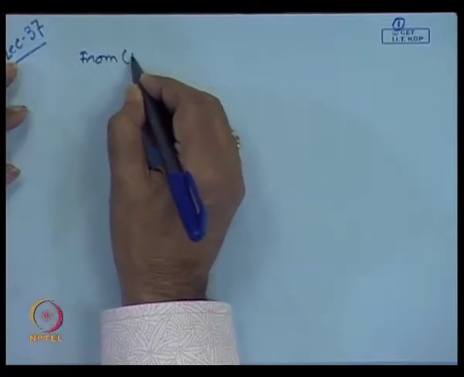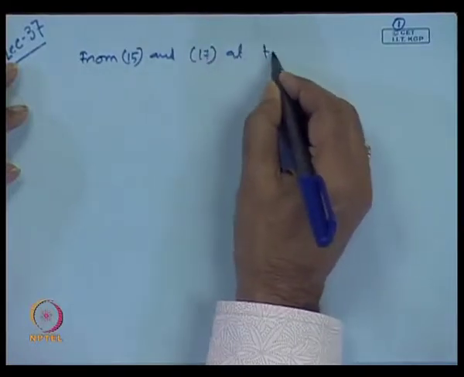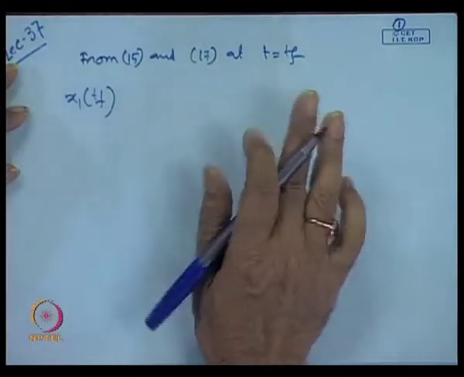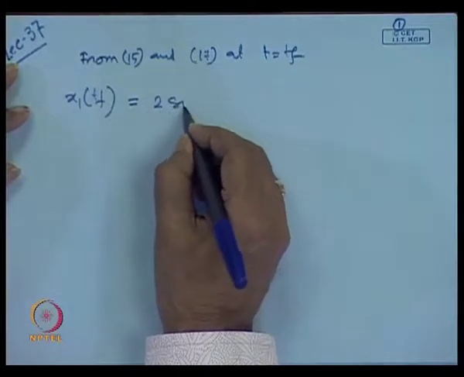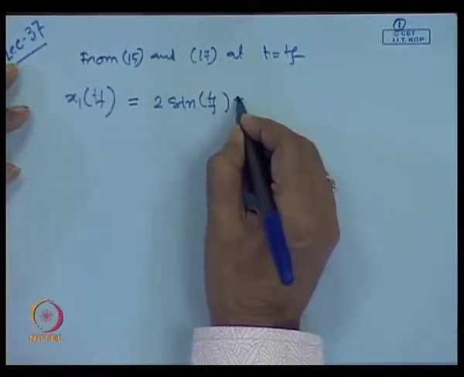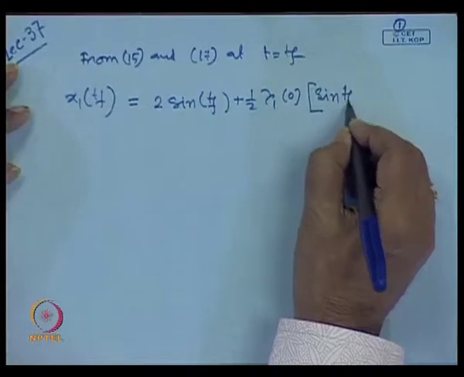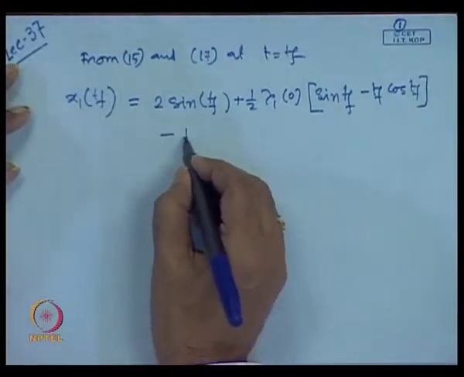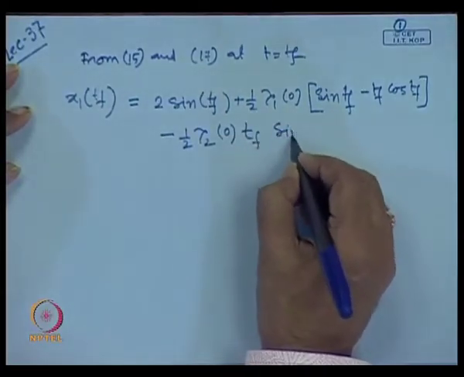From equations 15 and 17 at t = t_f, we will get x1(t_f). Equation 15 is the expression for x1(t), and we are putting t = t_f in that expression: twice sin t_f plus half lambda1(0) sin t_f minus t_f cos t_f, minus half lambda2(0) t_f sin t_f.